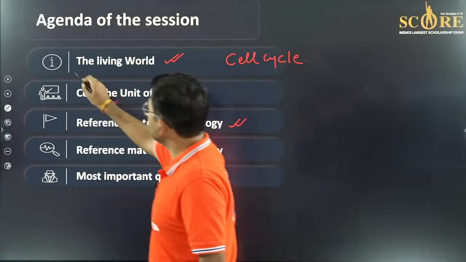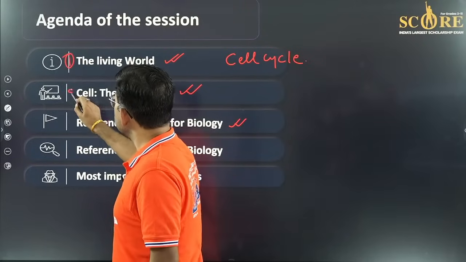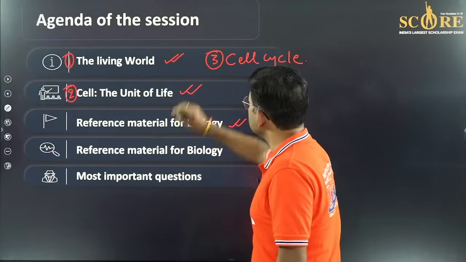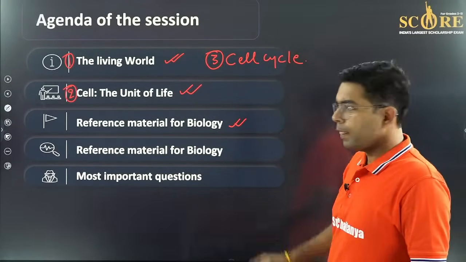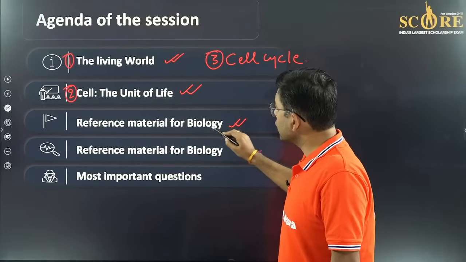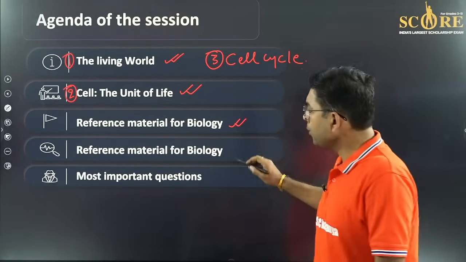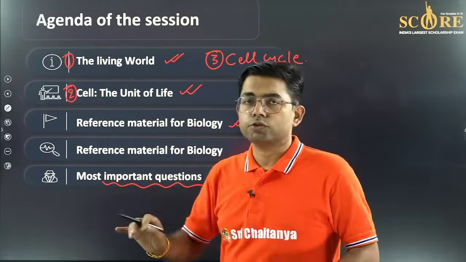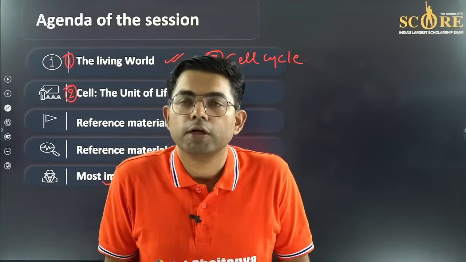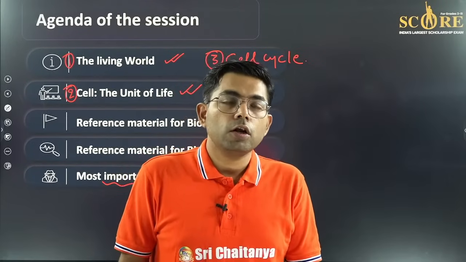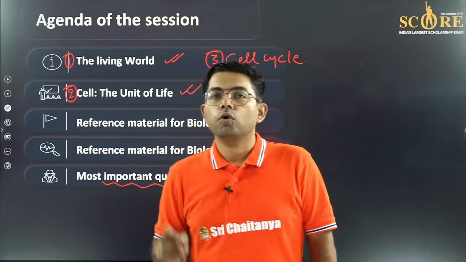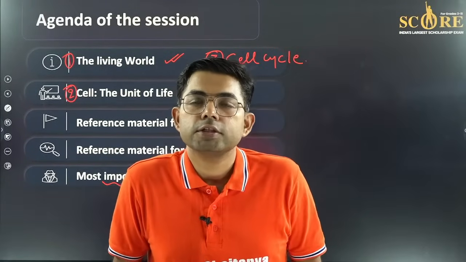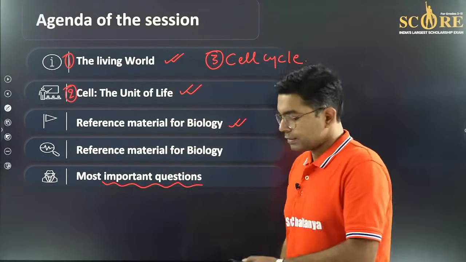So we will cover the first chapter, the living world, the second chapter, the cell: the unit of life, and the third chapter, the cell cycle. We will also cover the reference material and the most important questions. This session is going to be wonderful for you. You will learn a lot, and let's hope you get the maximum benefit out of this and use it to improve your score.